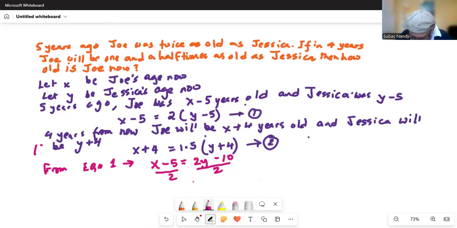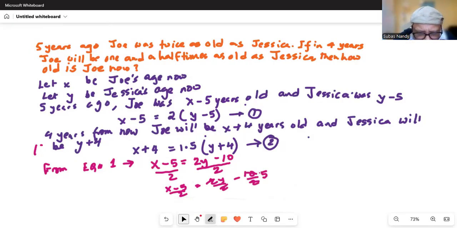So we can write (x minus 5) by 2 is equal to, on the right hand side, 2y divided by 2 will be y, minus 10 divided by 2 will be 5.